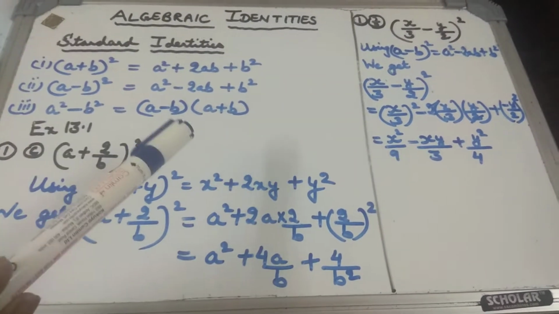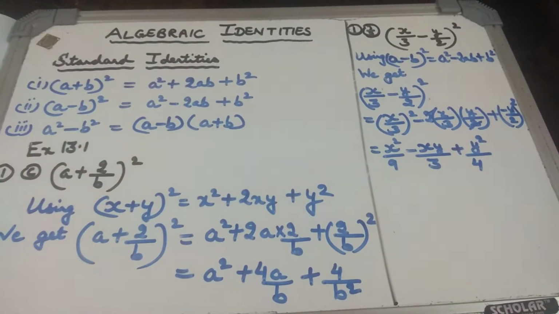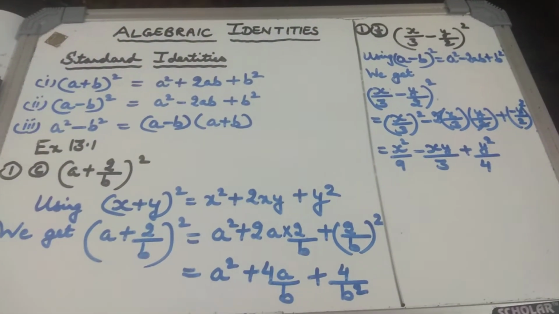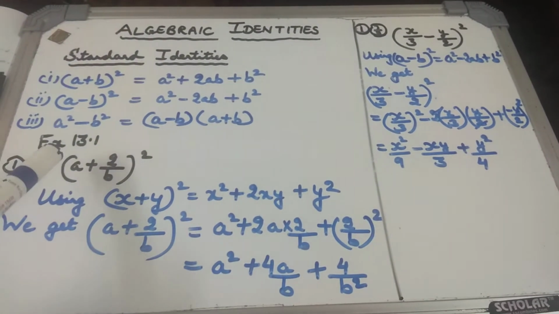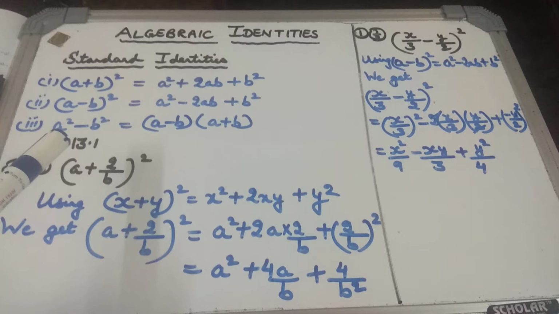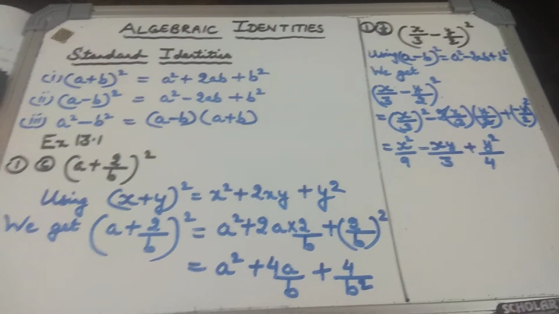This third identity is also called the difference formula, because (a minus b) into (a plus b) equals the difference of the squares of two terms. So we call it the difference formula also.